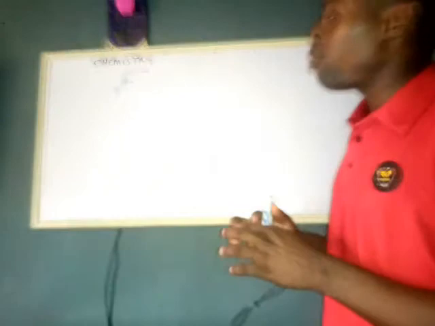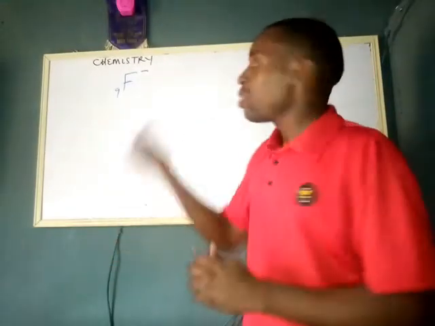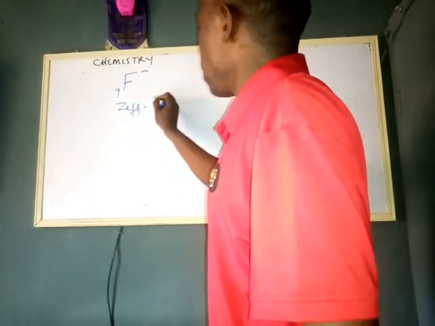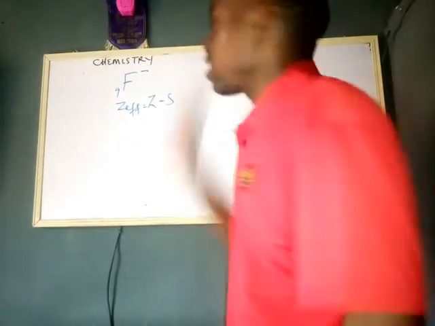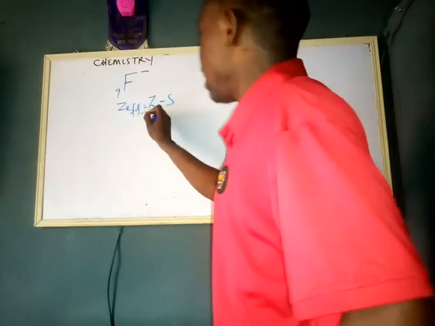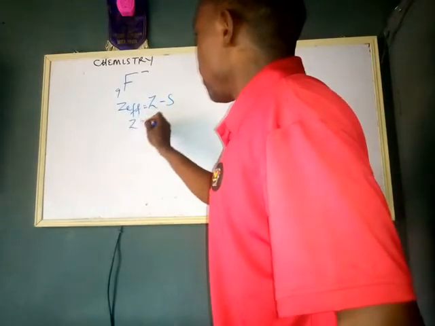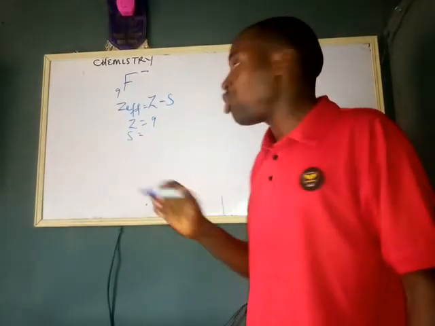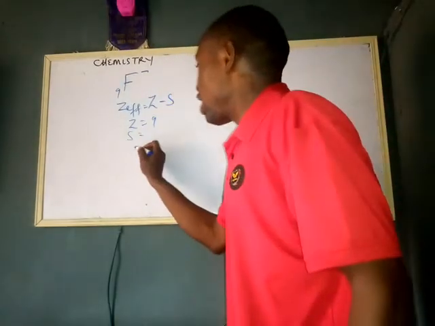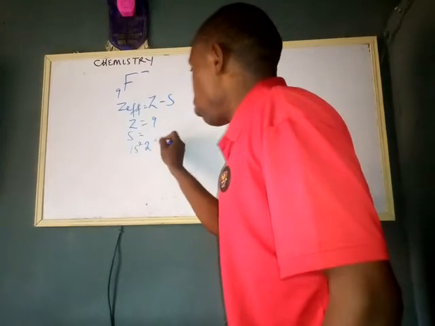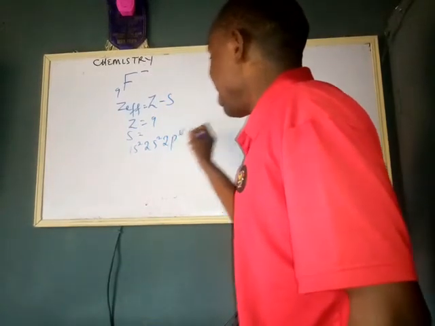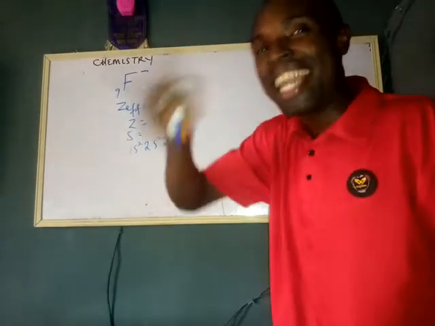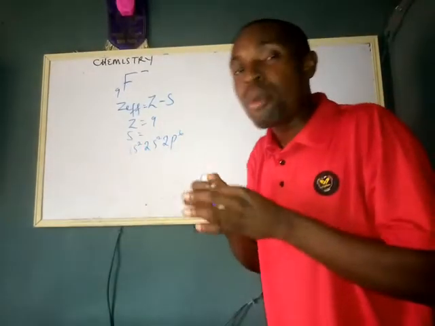The next one now is fluoride ion. Simple. So what do we do? Zeff is equal to Z minus X. Same thing. Z here is 9. For the number of core electrons, non-bonding electrons, write the configuration, which is 1s2, 2s2, 2p6. Remember that fluoride ion gains an electron, so it becomes negatively charged.